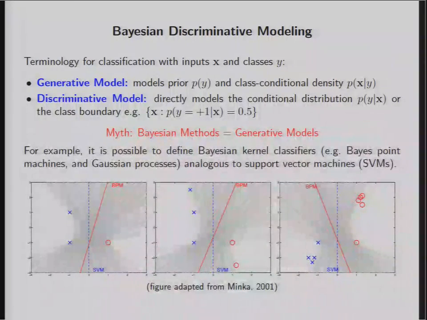If we add one other data point here, I've of course chosen pathological examples to show you the differences, to exaggerate the differences, but if I add one extra data point here and one extra data point here, that maximum margin doesn't change at all, but the Bayes point shifts further in this direction, which is what you would get from just averaging over these guys here.